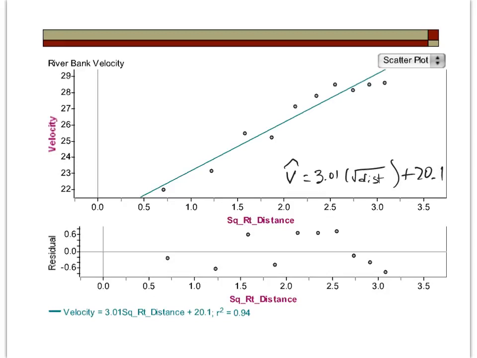Now it's probably better to write this the other way, a plus bx, but this is the way it's printed down here, so I'm going to leave it in that form. Normally we'll write it 20.1 plus 3.01 times the square root of distance. So if I wanted to predict something based on the distance from the bank, I would plug in the distance, square root it, multiply it by 3, and add 20.1 to get the velocity.